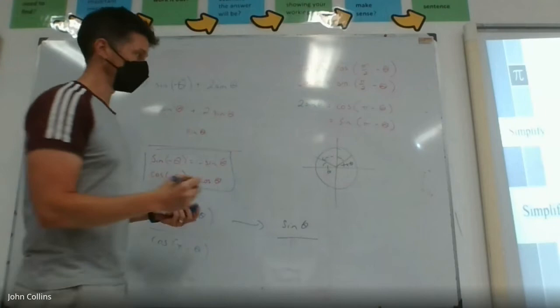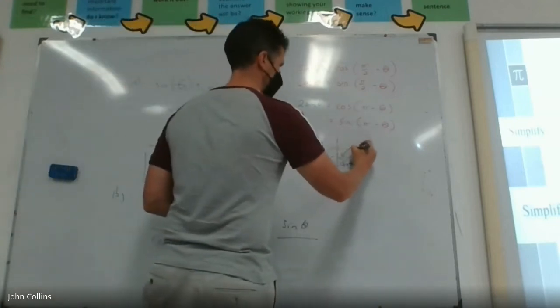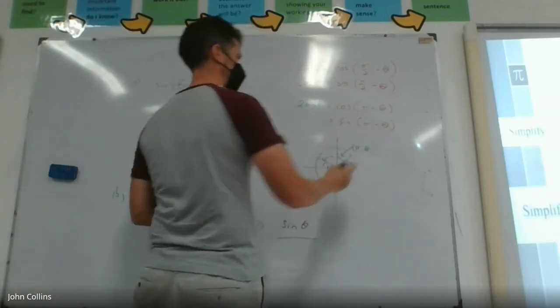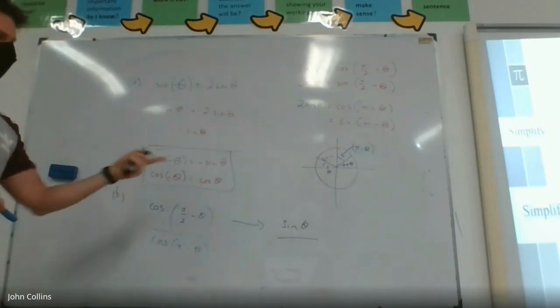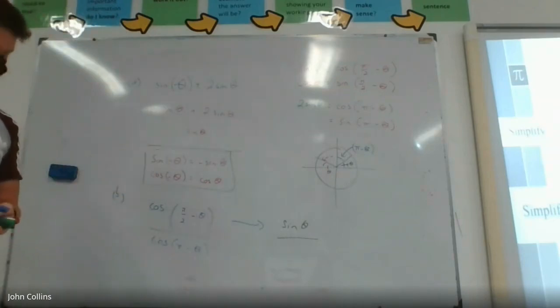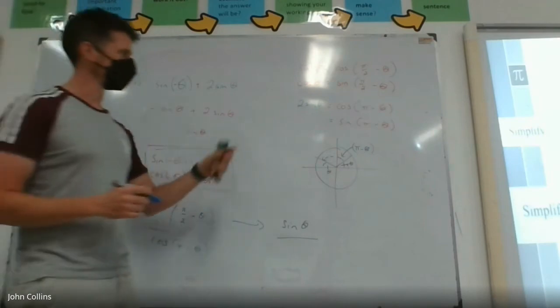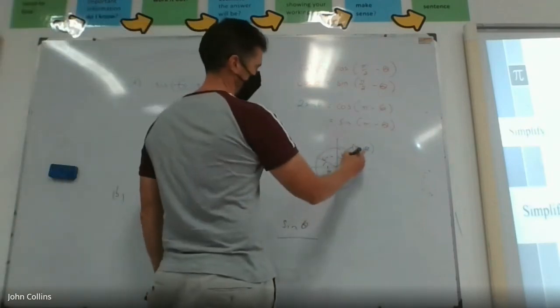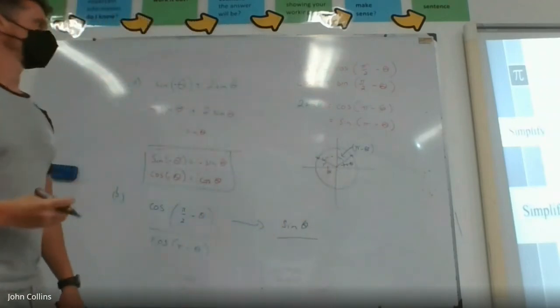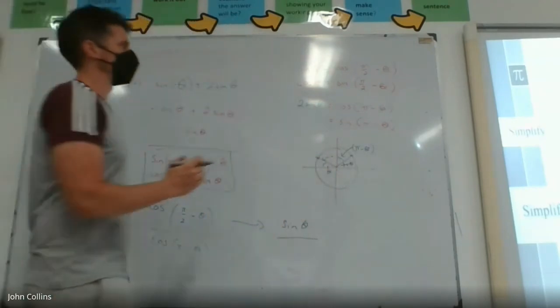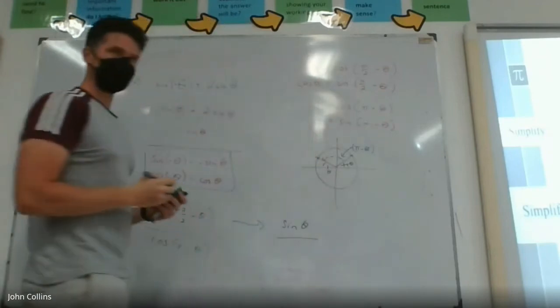That's pi take away theta in blue. We use this for our reference angles when it's in the second quadrant. And this is not the same value as this, it is just the negative version, isn't it?